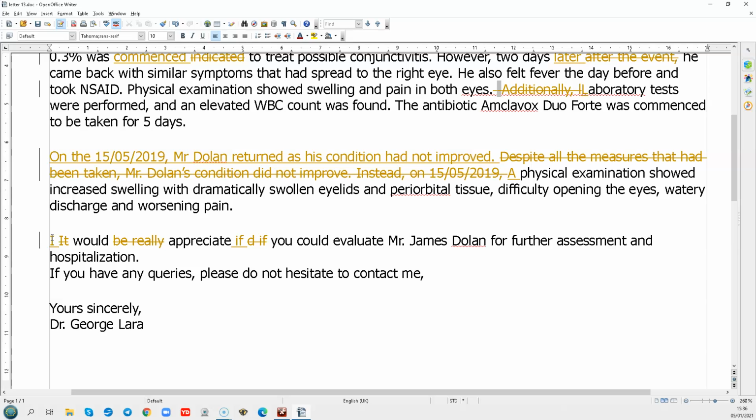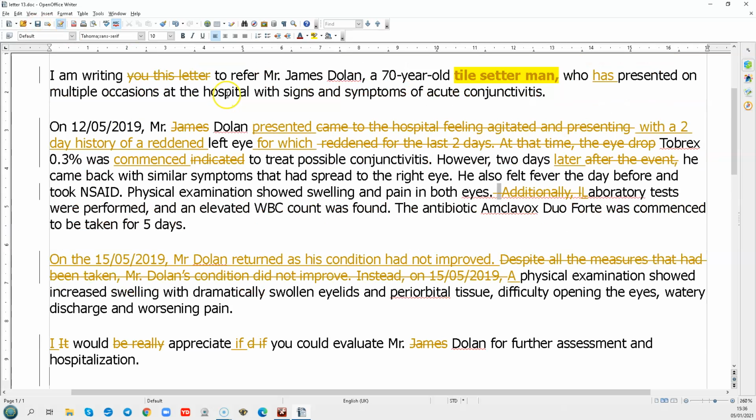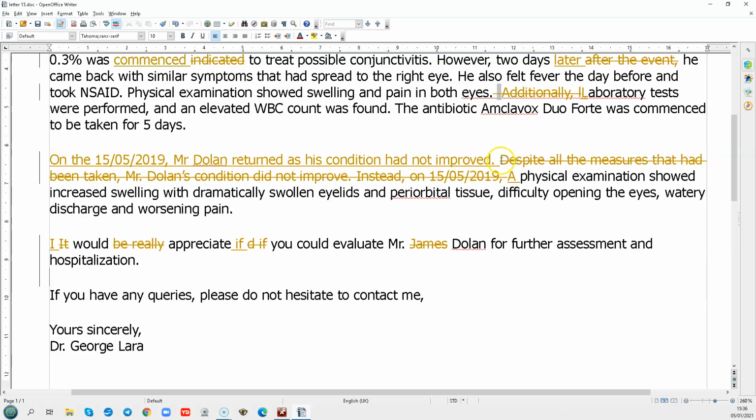You don't have to give his full name again. We kind of know it. I would appreciate it if you could evaluate Mr. Dolan for further assessment and hospitalisation. Any queries, please do not hesitate to contact me. Okay, so we could do it like that. It's a little clearer, a little better. So we don't really need this, don't need that. Simply do it like that, nice and simple. Return, condition not improved, examination showed, and so on.